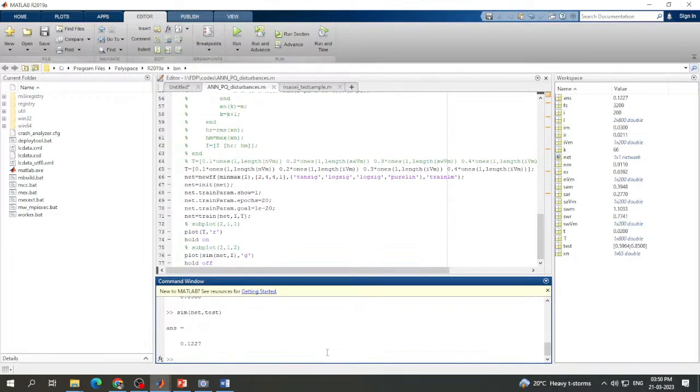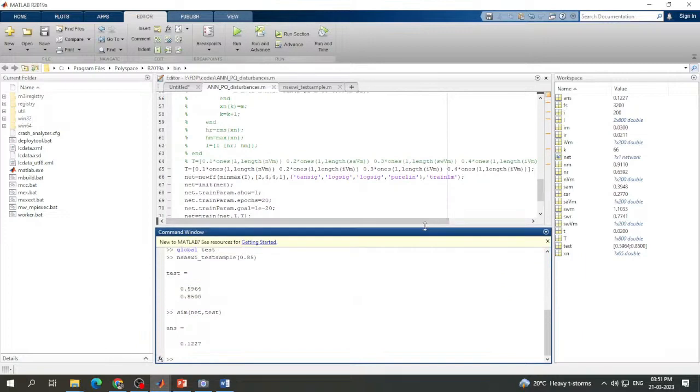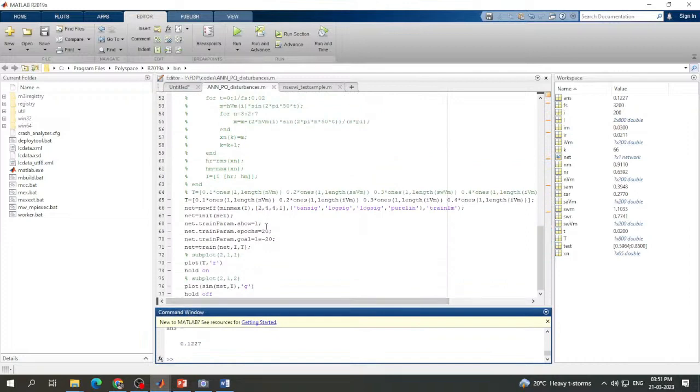So you have to round it up to 0.1. It is nearer to 0.1, but 0.1 corresponds to normal, while your given input is sag. It is because of the error, because it has not reached that error level. You have given a sag, but you have got the information of normal. That is the problem if you reduce your epoch numbers.